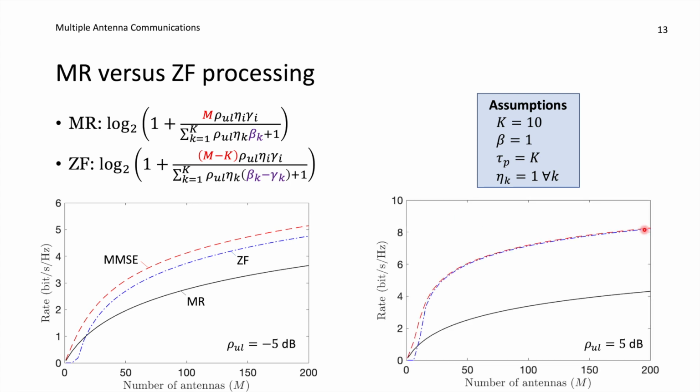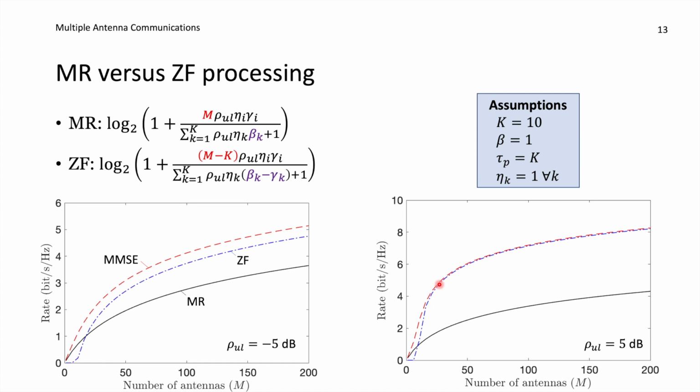If we increase the SNR to plus 5 decibels, which is still a fairly low SNR, we see that MR and MMSE processing give the same result when we have only one antenna, but as the number of antennas increases, we get a big gap. Zero forcing still needs 11 antennas before it becomes functional, but then it increases rather rapidly, and after just 20 to 25 antennas we have a very close approximation of MMSE processing.